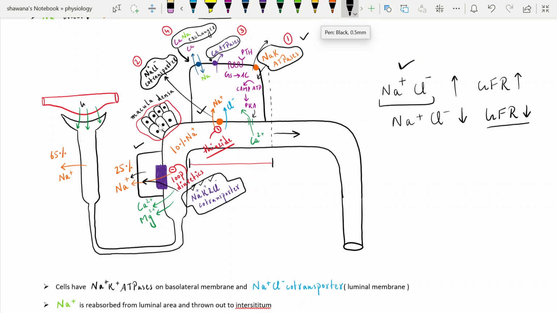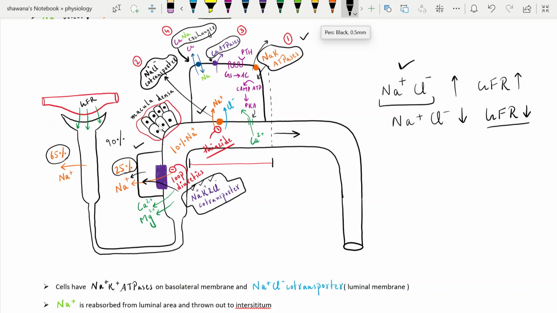When GFR is filtered, 65% of the sodium is reabsorbed in the PCT, and in the ascending limb of the loop of Henle, about 25% of the sodium reabsorption occurs. So 65 plus 25 is 90%. So when the tubular fluid reaches the early part of the distal tubule, approximately 90% of sodium has already been reabsorbed, right?